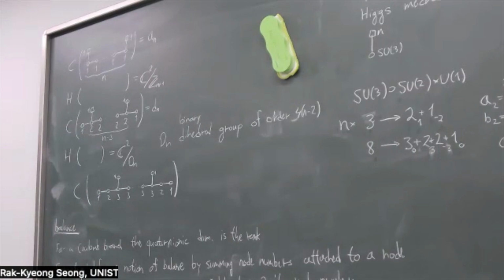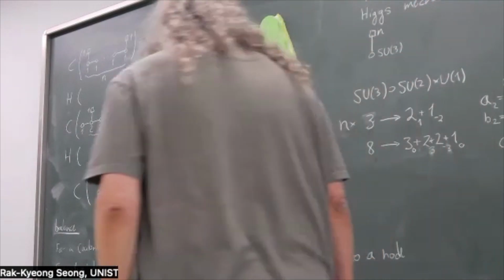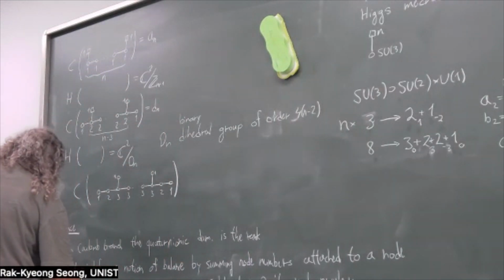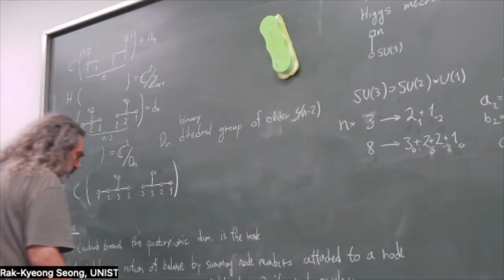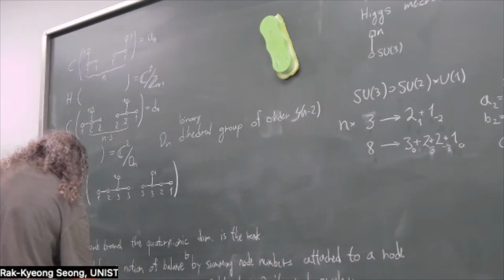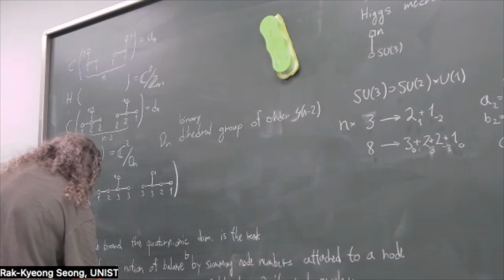So, the final notion of balance, let's call it B. If B is equal to 0, the node is balanced.